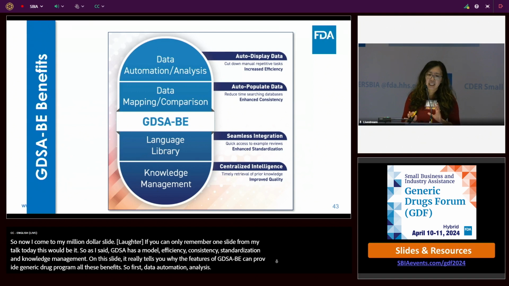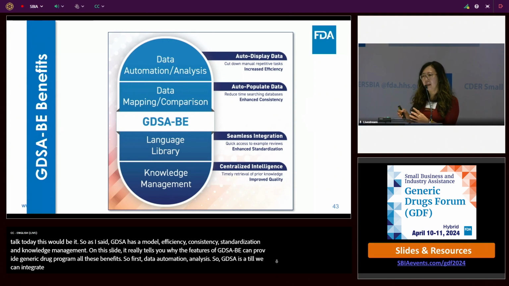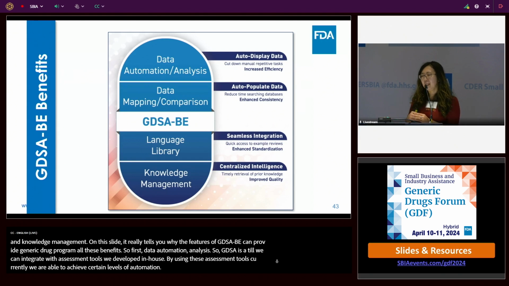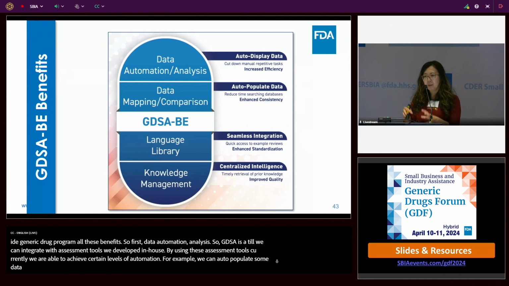GDSA is a tool that we can integrate with some assessment tools that we developed in-house, and by using these tools, currently we are able to achieve a certain level of automation. For example, we can auto-populate some data from the submission to GDSA-BE.